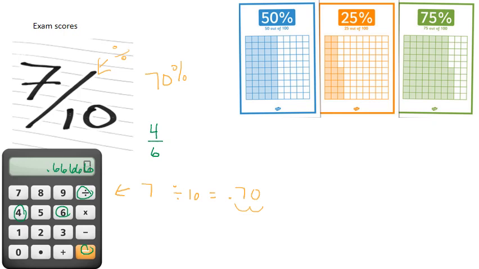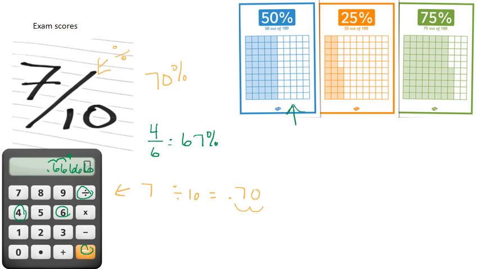So take the first 2 digits, 66, but you could round up because the next number is a 6 and that's big enough to round it up. So that wouldn't be 66%, it would go up to 67%.